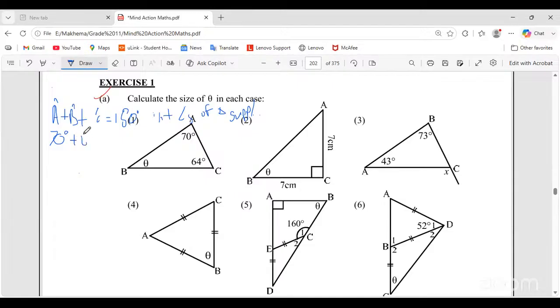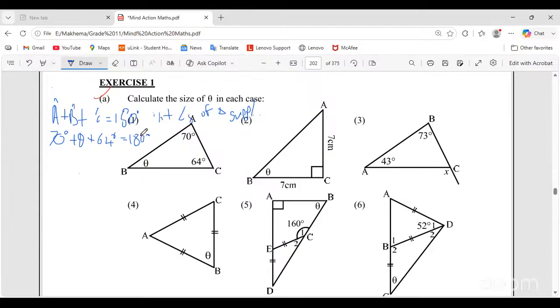B is the angle that we are looking for, which is theta, plus angle C. We said this is theta plus what is angle C? Angle C is 64 degrees, is equal to 180 degrees.